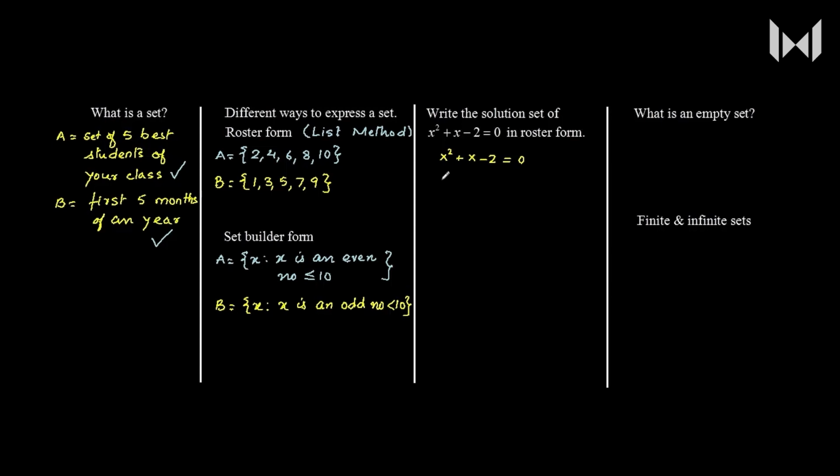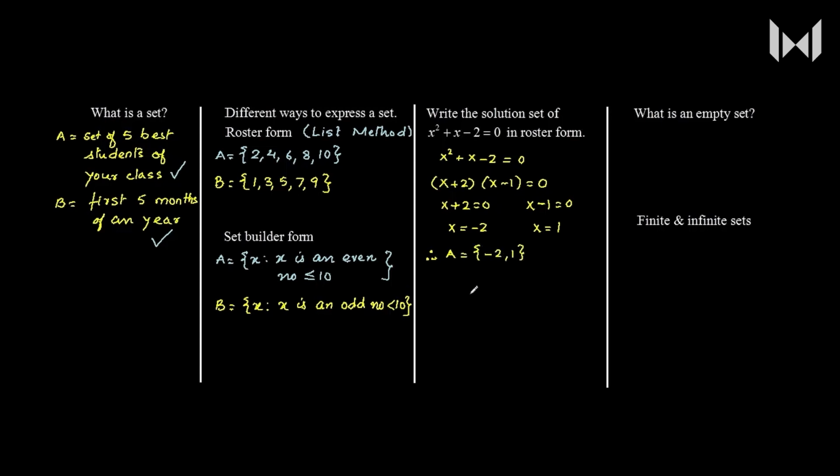We factorize it, so we get x plus 2 into x minus 1 is equal to 0. So x plus 2 equal to 0 or x minus 1 equal to 0. Either x is equal to minus 2 or x equal to 1. And therefore we write the set A as minus 2, 1.